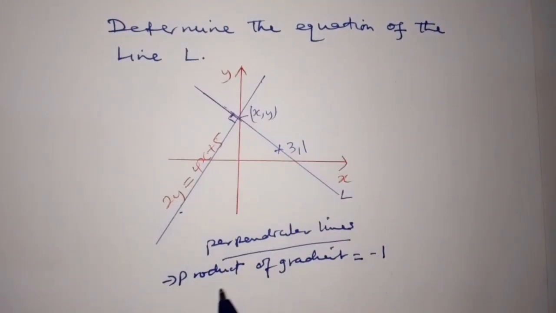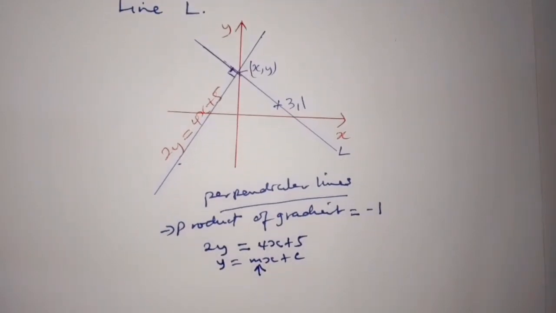We can write this equation 2y = 4x + 5 in the form y = mx + c, where m is the gradient.